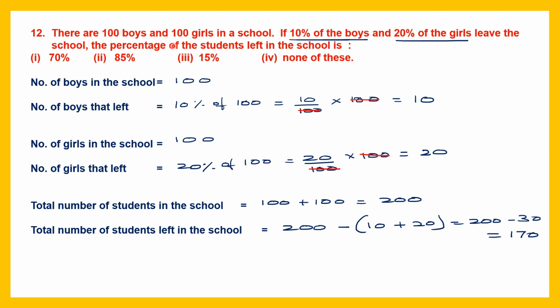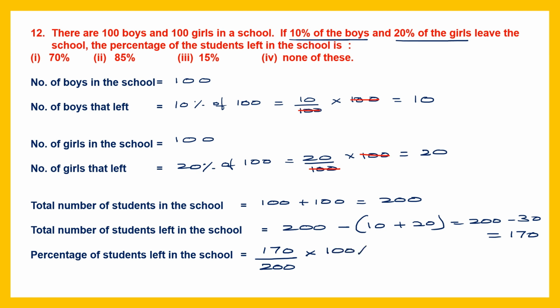We are asked to find the percentage of the students left in the school. So to find the percentage of students left in the school, we say this number, that is the number of students left in the school, that is 170, by the total number of students in the school, that is 200, and then we multiply this by 100%. So here we can cancel, this is 1 and this is 2.